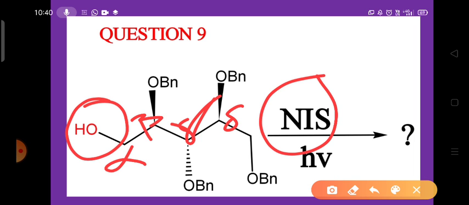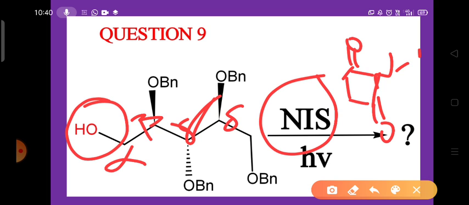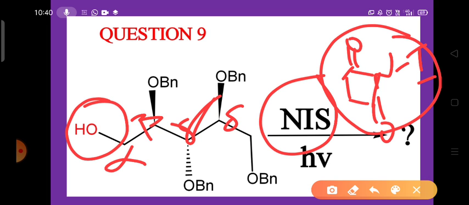NIS means N-iodosuccinimide, and it is an iodinating agent. It will give an iodine group and will form an O-I bond, which in turn undergoes the Barton reaction.